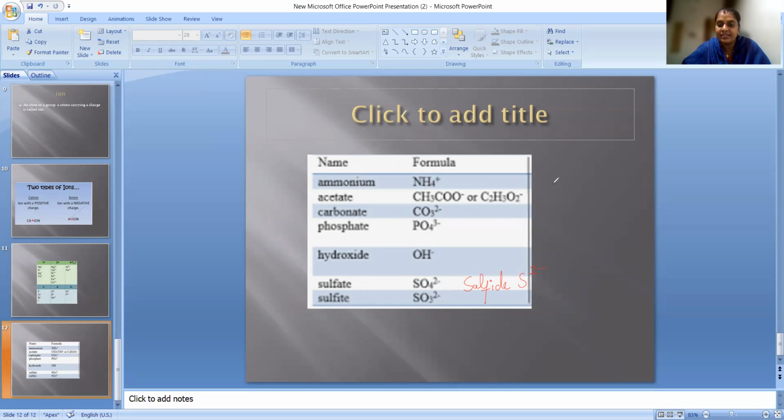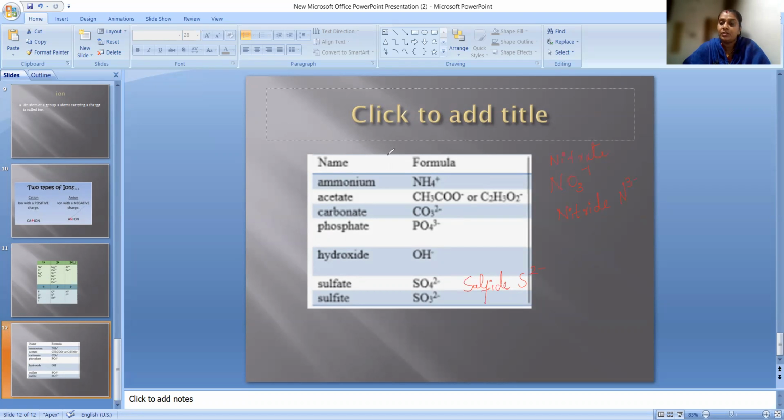And there is nitrate, which is NO3 minus 1. If it is nitride, that is N3 minus. Those are the differences. Then hydroxide OH minus 1, and phosphate PO4 3 minus.